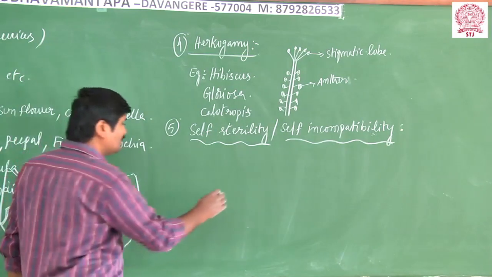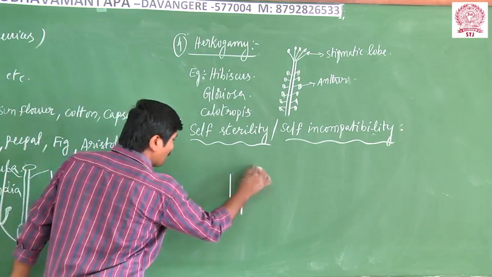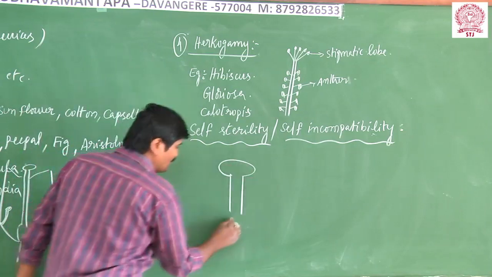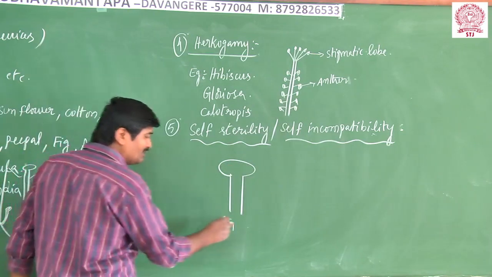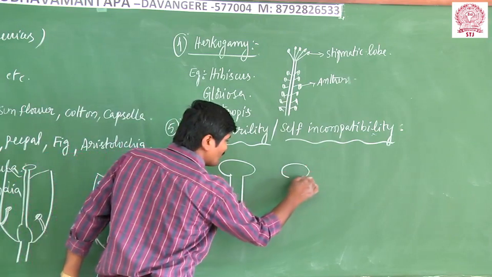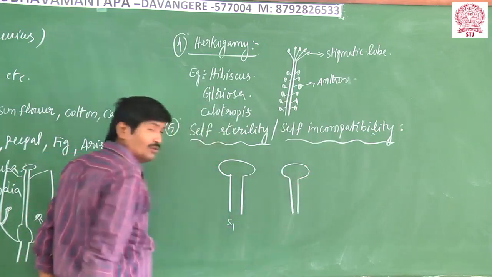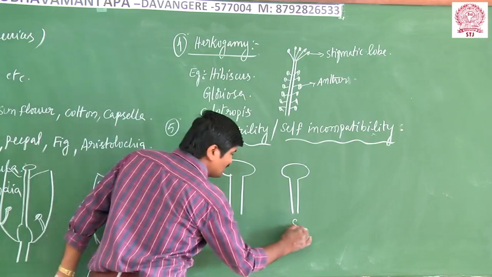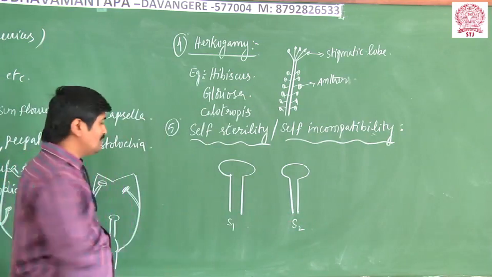For example, see here, this is a stigmatic lobe. For example, this is S1, that is species 1. This is another plant, same species.